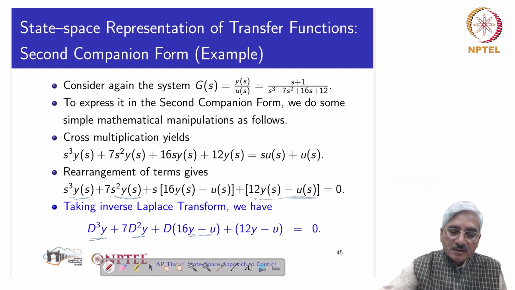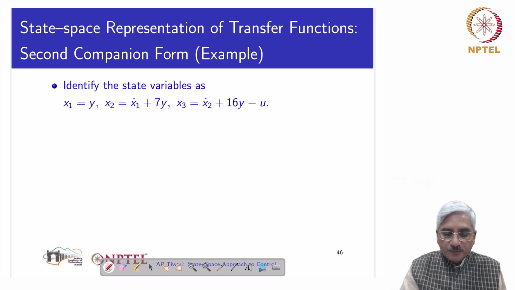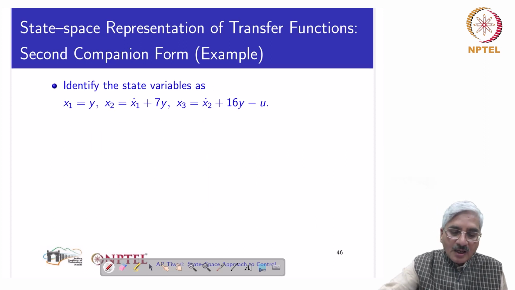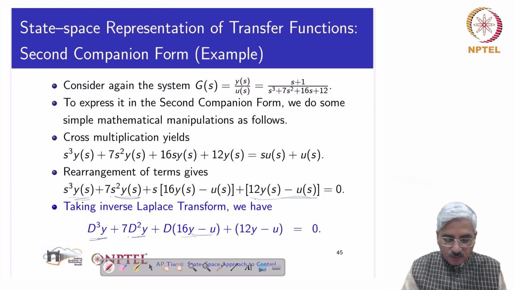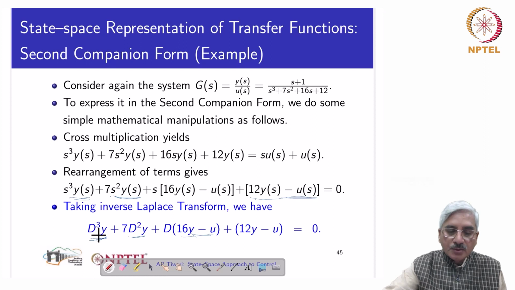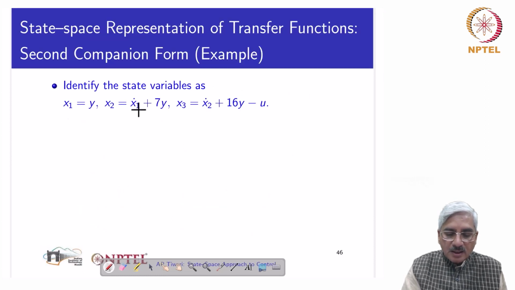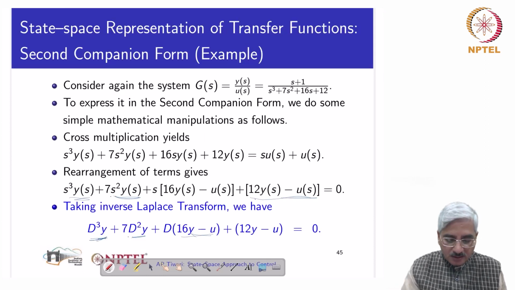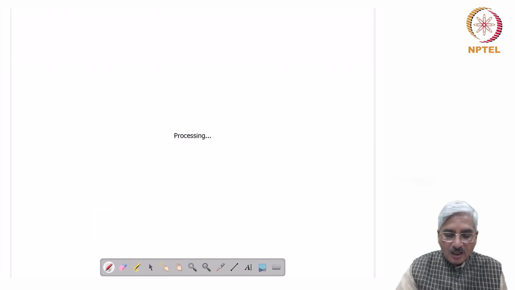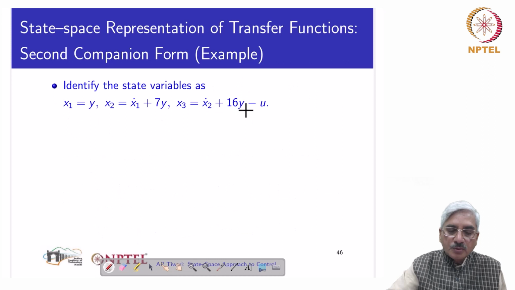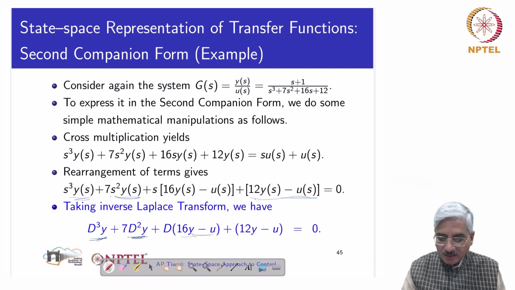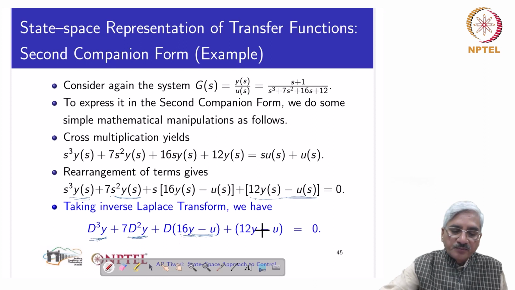Now we identify the state variables. x1 is y, x2 is x1 dot plus 7y, because it is only coming alone, and x3 is x2 dot plus 16y minus u, and this is x3 dot.